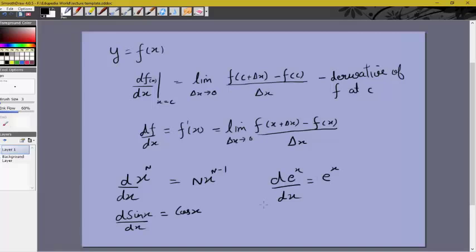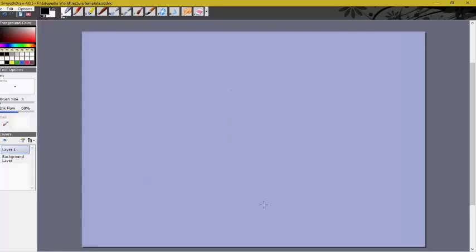Right. Then we studied some properties of the derivative for two functions, u of x and v of x. U plus v dash means the derivative of u plus v is equal to u dash plus v dash. U minus v dash is equal to u dash minus v dash.